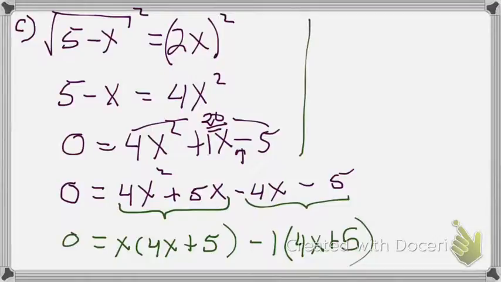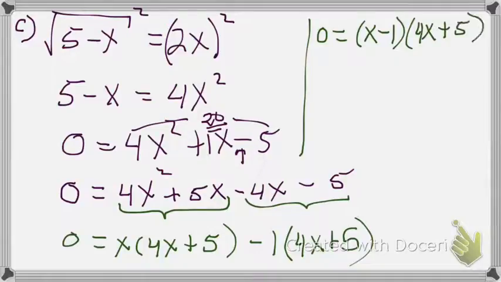Now, 0 equals x minus 1 times 4x plus 5. So x equals 1, or x equals negative 5 over 4. Okay. Part D.